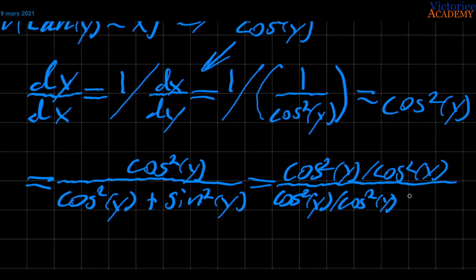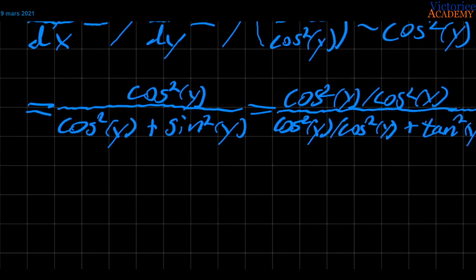And the same for sine here. But sine squared of y over cos squared of y equals tangent squared of y. Whoop, I just fitted it here in the corner.